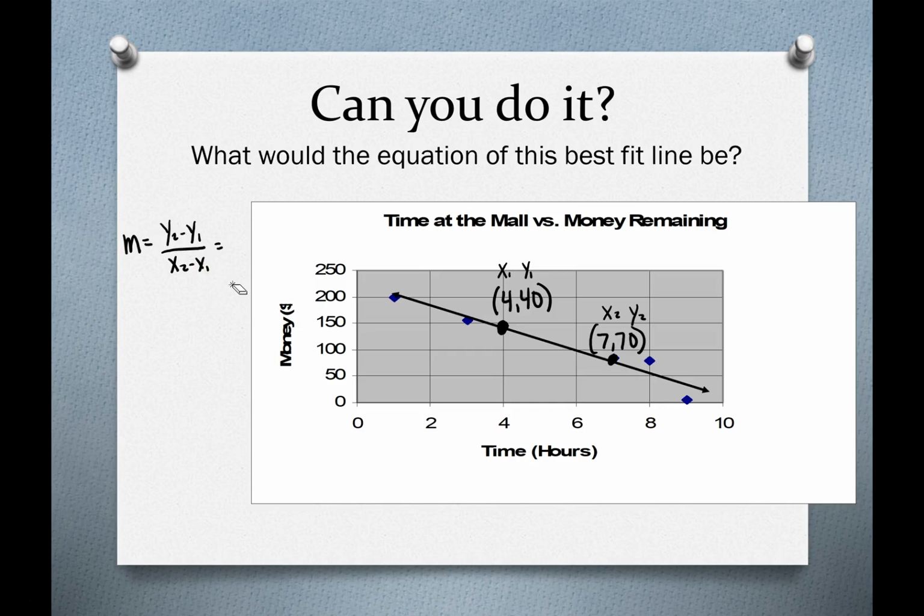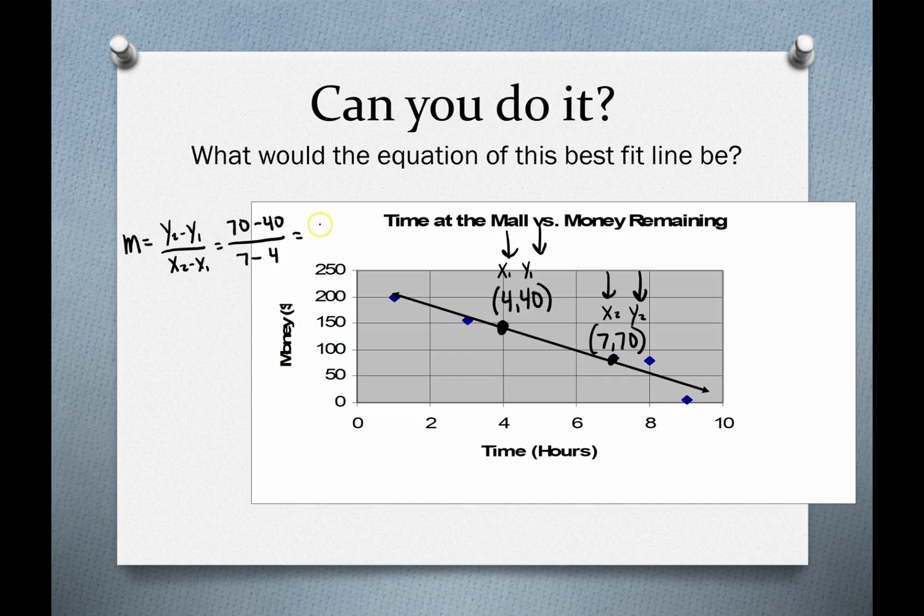Silly goose. All right, so now I'm going to take my y2, which is 70, and then I'm going to take my y1, and then I'm going to divide by my x2, which is 7, minus 4.